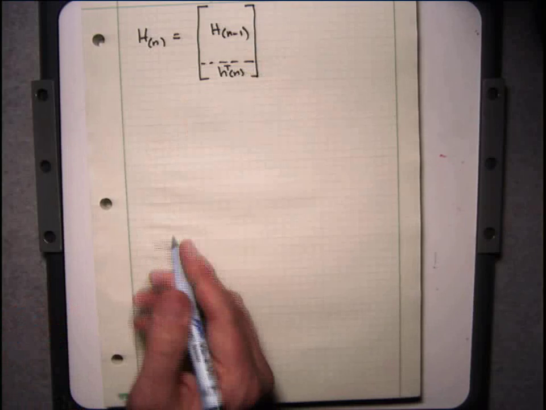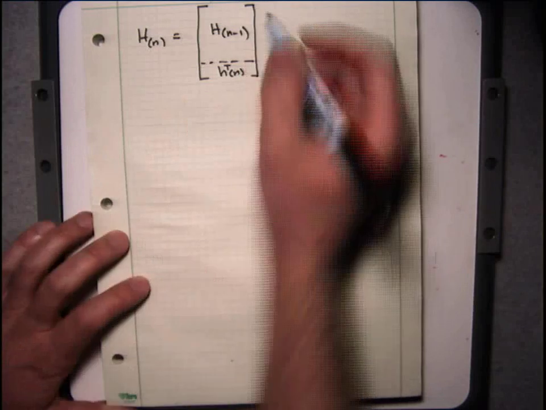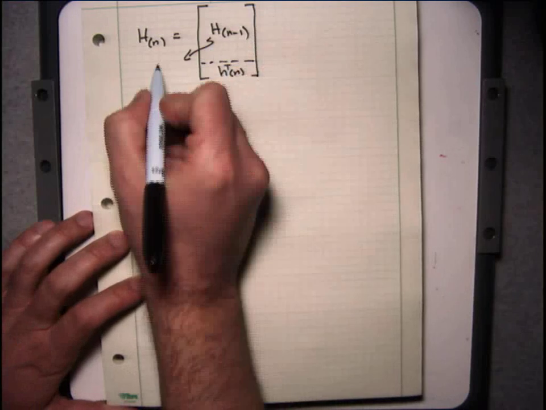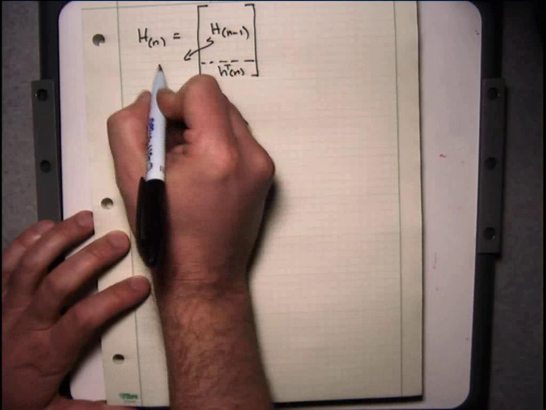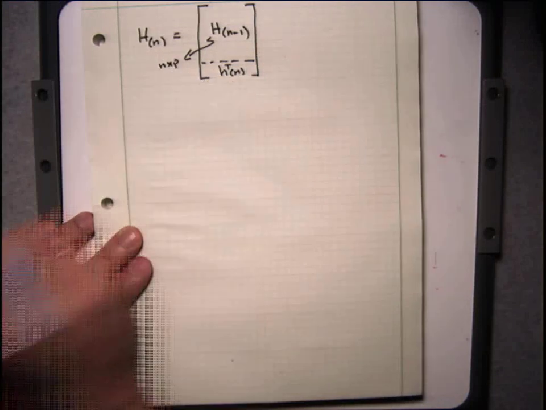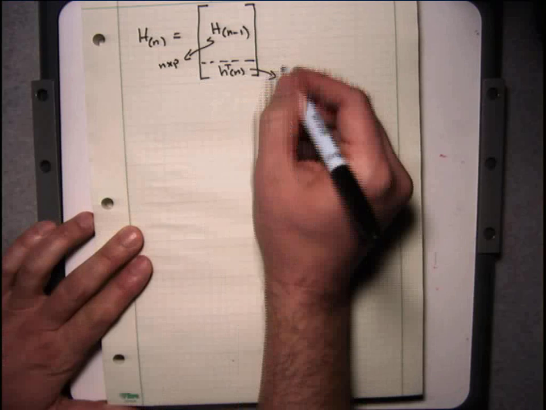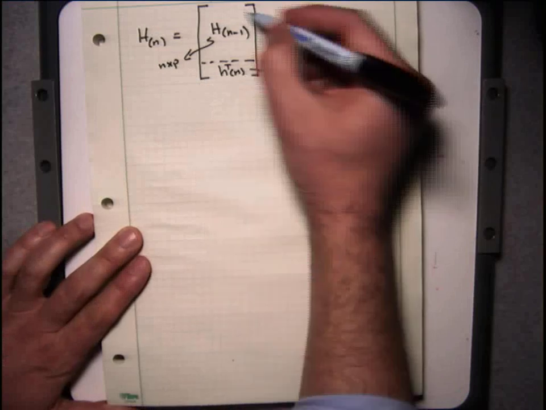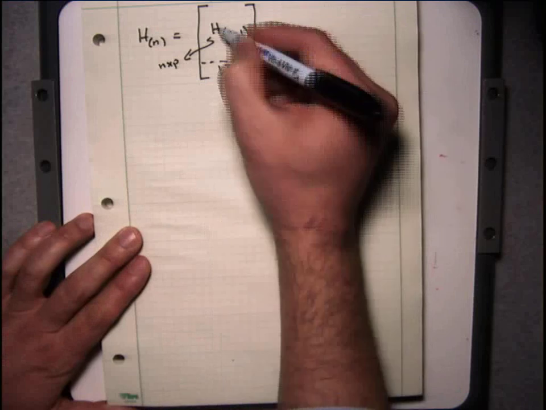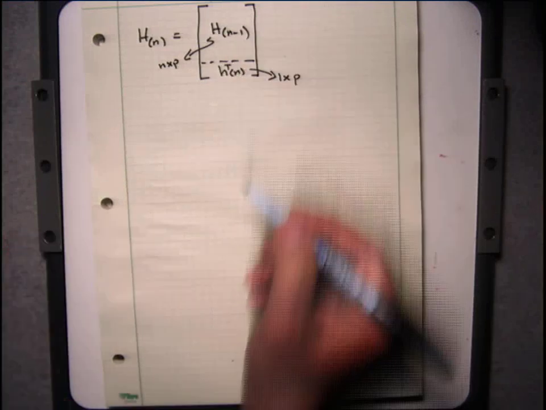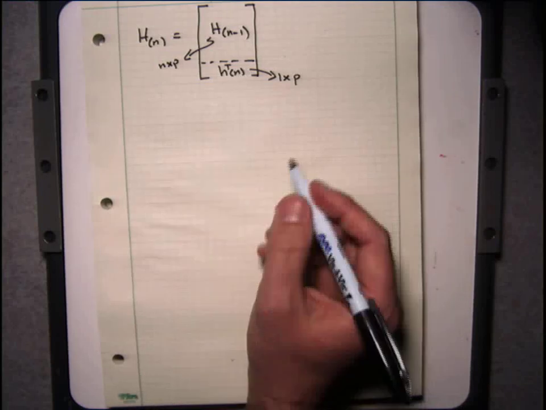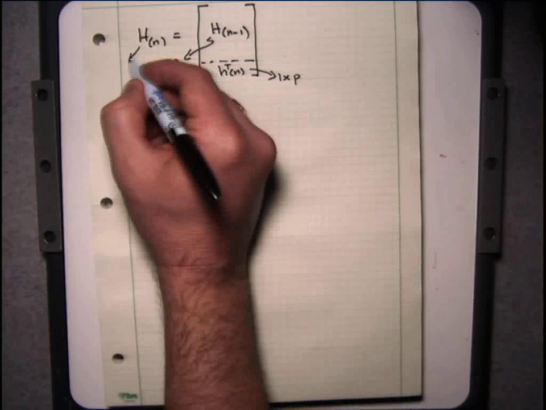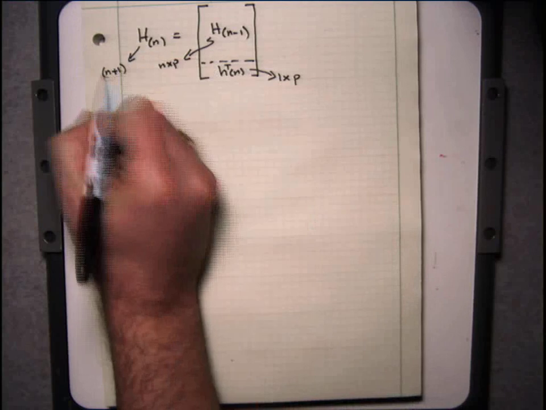As far as dimensions are concerned, this matrix H would have dimension n plus 1 by p, this extra row here is 1 by p, and this part, H of n minus 1, corresponds to data up to index n minus 1.